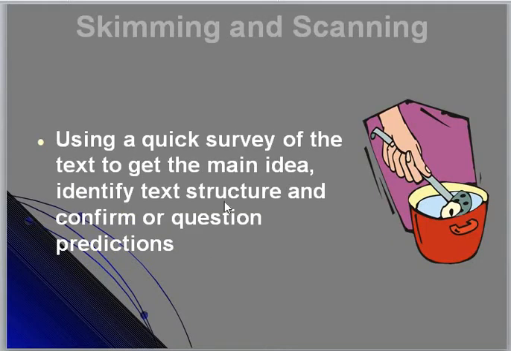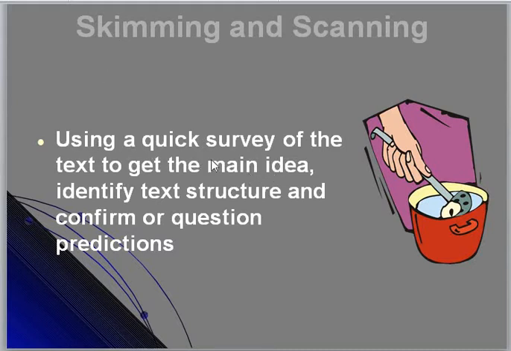Another strategy is skimming and scanning. These two are the reading strategies which are usually taught to students to understand the written text. You can ask students to skim and scan the passage, using a quick survey of the text to get the main idea.